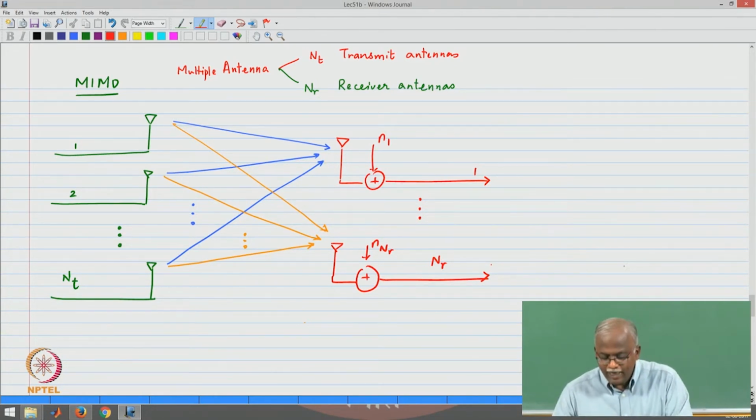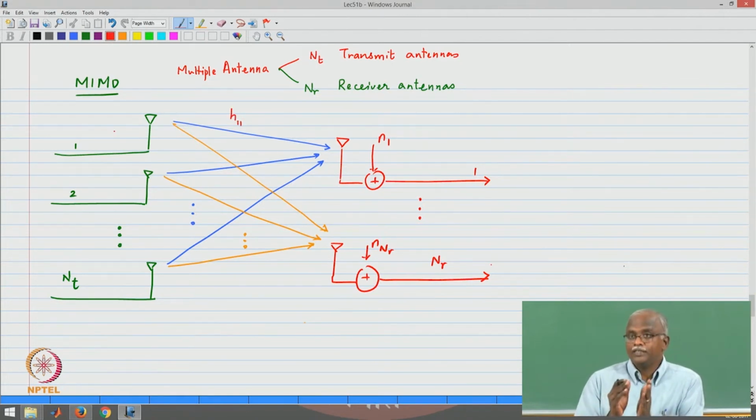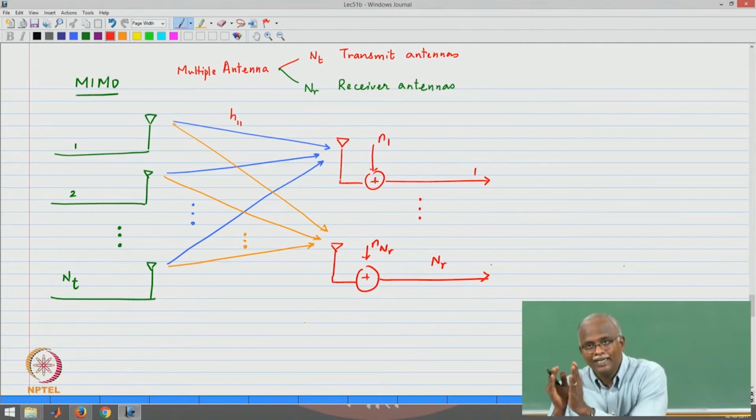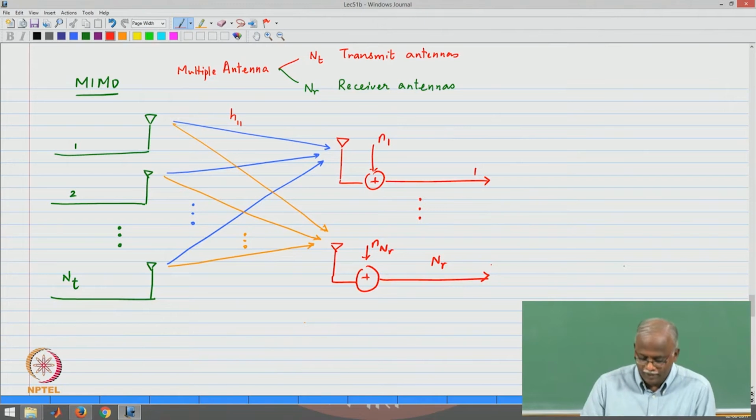Now, for a moment, take the case where you just have one receive antenna. If you have only one receive antenna, what you will find is the transmitted signal from antenna 1 goes on the first branch. Let us call this gain H11. So, that is the signal gain at receive antenna 1 from transmit antenna 1.